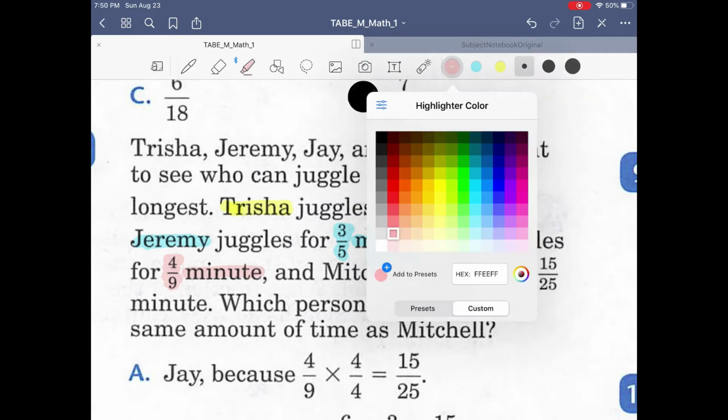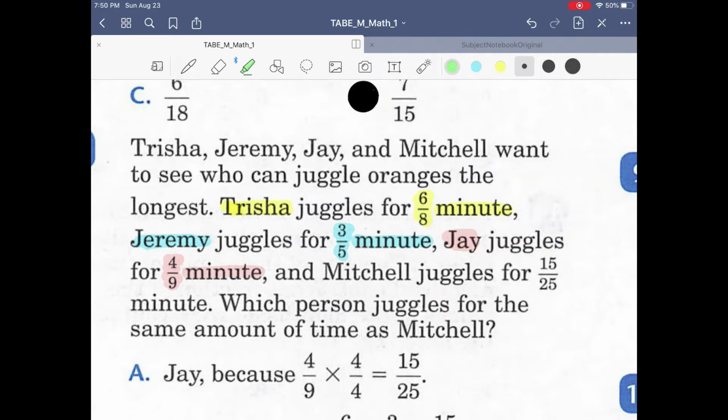Jay juggles for 4/9 of a minute. And let's get another color for Mitchell, who juggles for 15/25 of a minute. Which person juggles for the same amount of time as Mitchell?